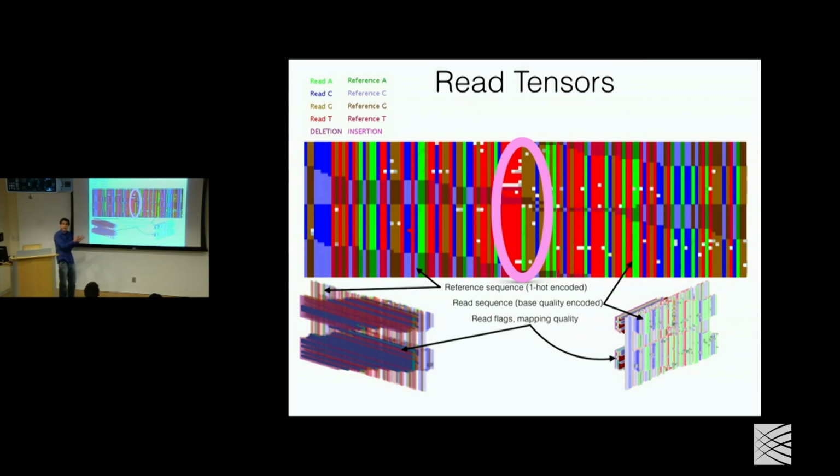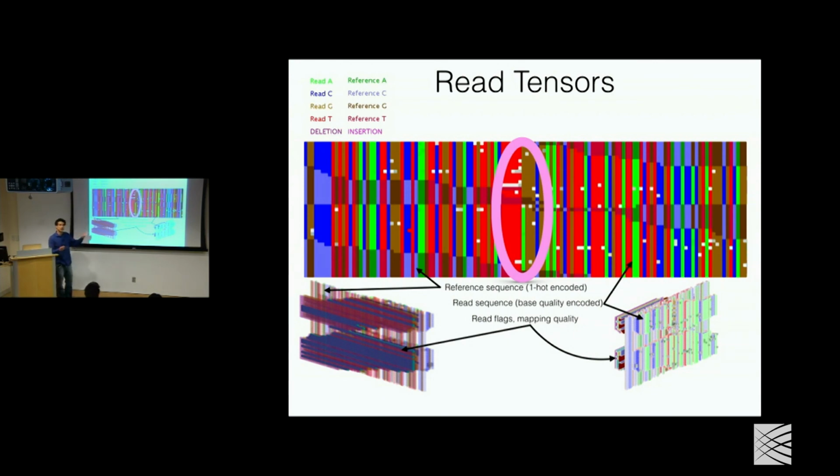But there's a lot more information besides just the reference sequence. We have all these reads. So Alex was asking about the axes in the read tensor. Those are 4 for the one-hot encoding of the reads themselves. But here we're not doing a one-hot encoding. We're actually doing a base quality encoding.